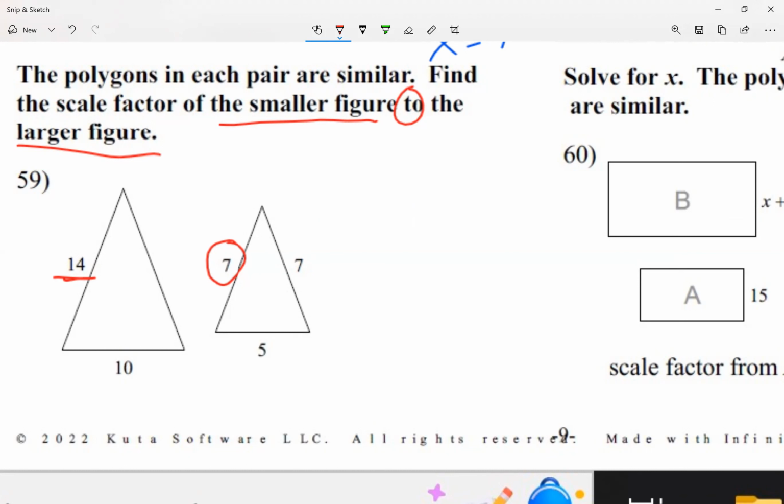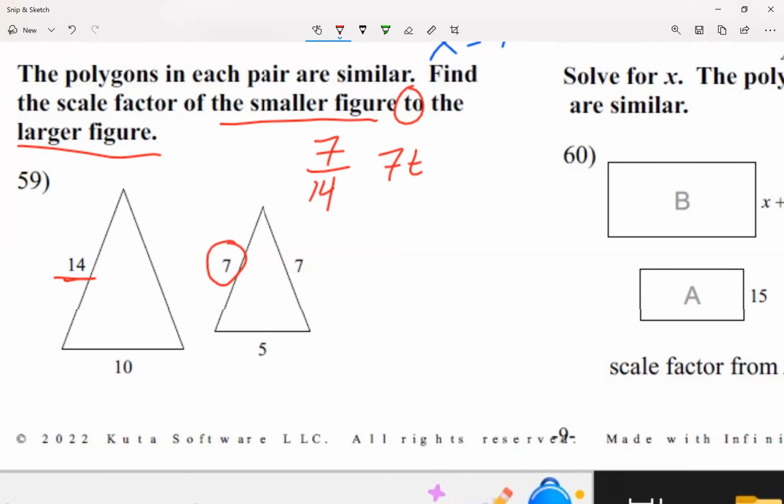So the first phrase that I see is smaller figure, so the smaller number comes first. I can write this as a fraction, 7 over 14. I can write it using words, 7 to 14. Or I can write it using a colon, 7 colon 14.